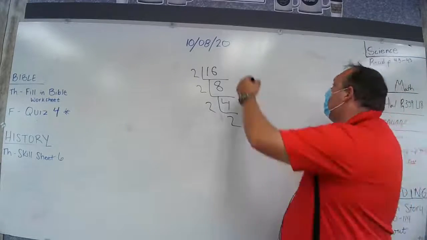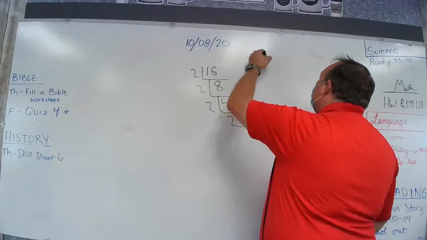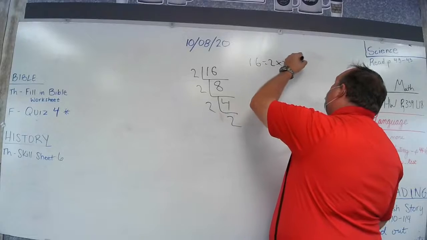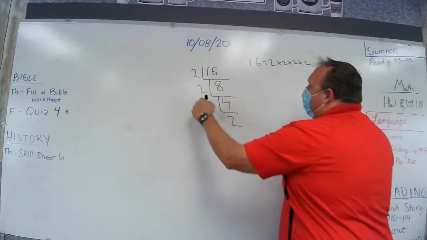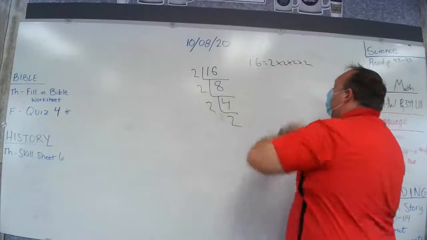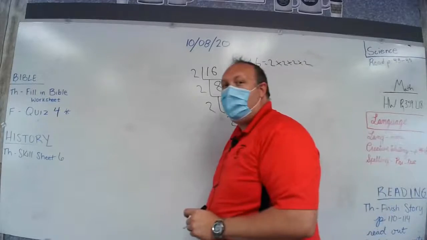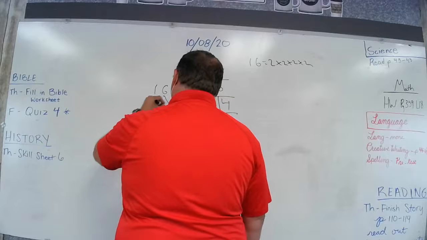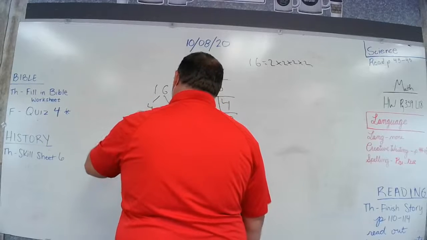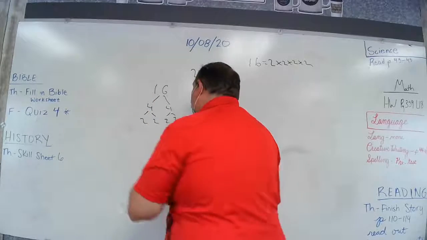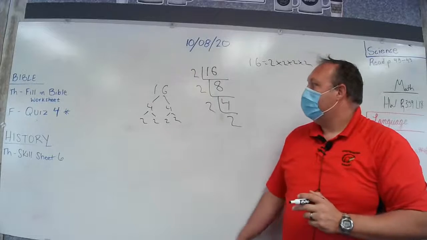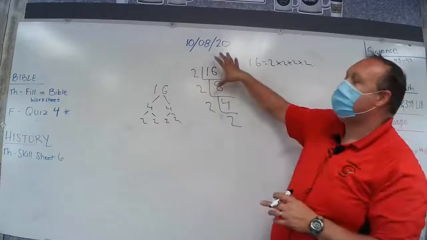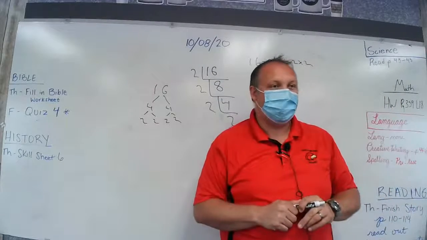So, 16 equals 2 times 2 times 2 times 2. 1, 2, 3, 4. 1, 2, 3, 4. It's the same thing as if I were to go okay? I get the same thing, right? This is just a different way to do it. Okay?